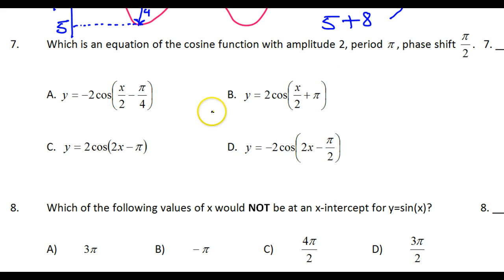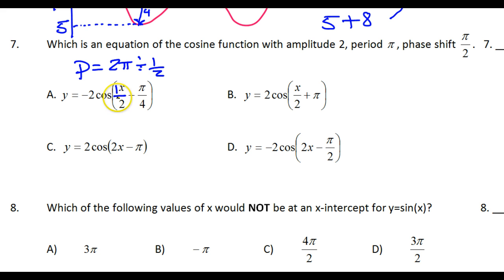The period is supposed to be pi. So let's see. Looking at the first one, this period would be 2 pi divided by 1/2, because that's my b value.